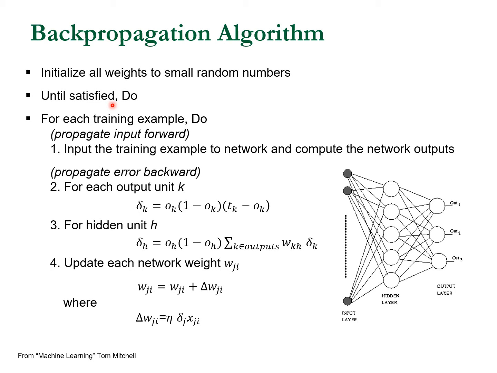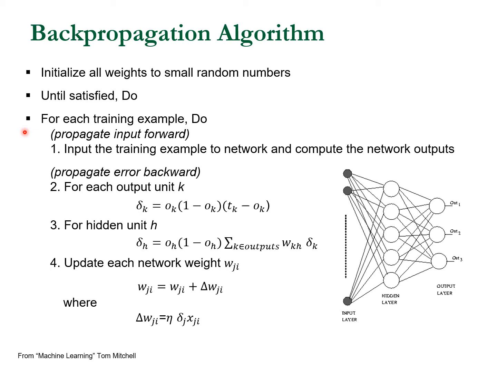Until satisfied means you can determine certain terminal conditions. For example, this iteration can be executed maybe 100 times, or you can define a threshold of error, saying that if the size of error is less than this threshold, then the program stops.